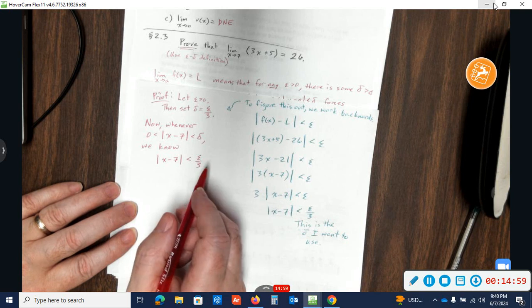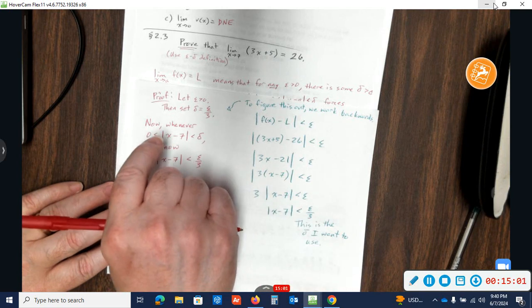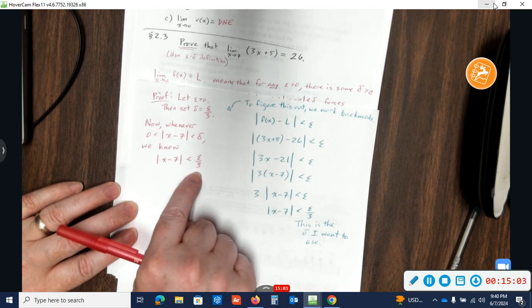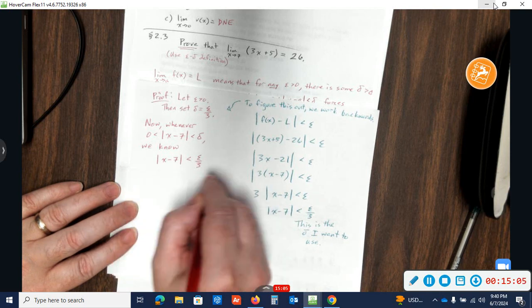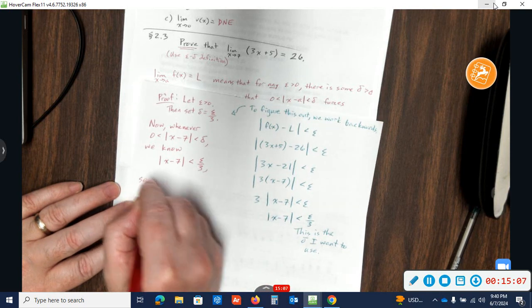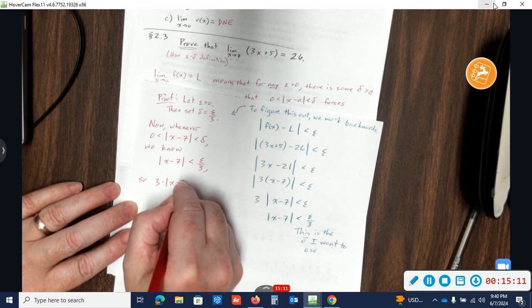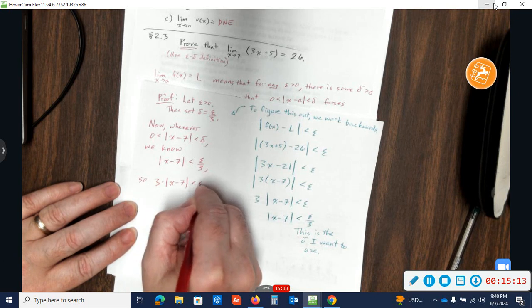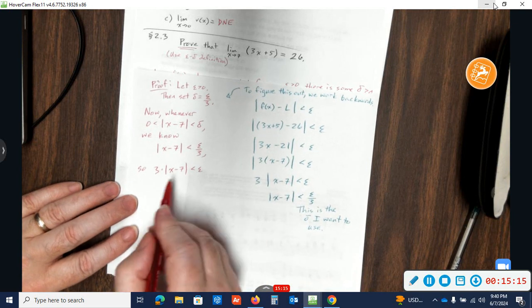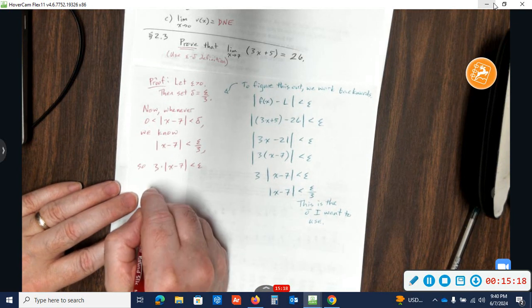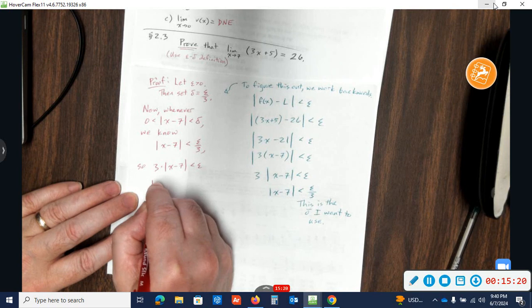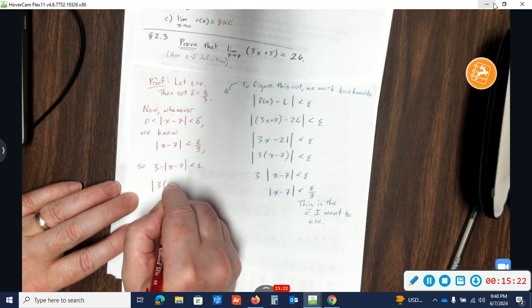Remember, if I multiply each side of an inequality by a negative, I have to switch the direction. But 3 is positive, so it stays the same, and 3 times this absolute value is going to be the same as absolute value of 3 times this quantity.